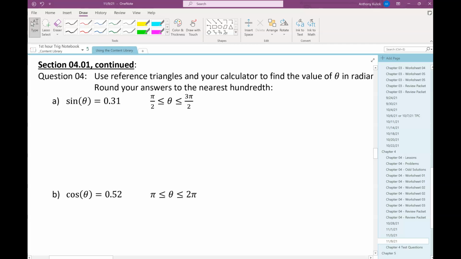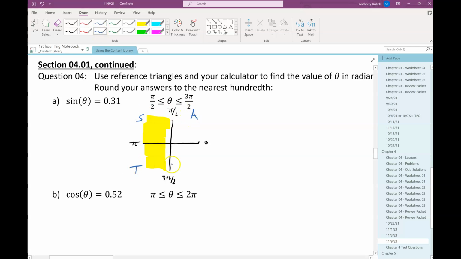Okay. So this is just like what we did in worksheet 2. I'll start by looking at the range of thetas to draw my picture. Because theta is positive, I'm going to be going counterclockwise. So our answer needs to be in quadrants 2 or 3.